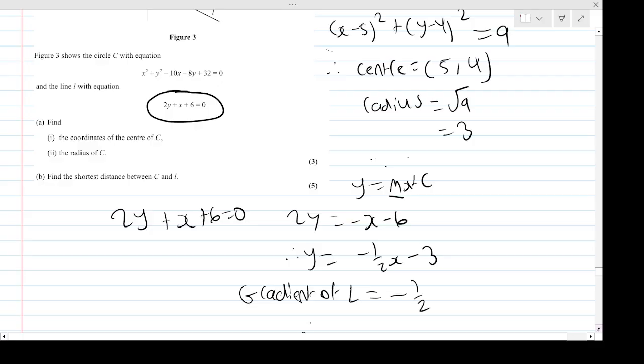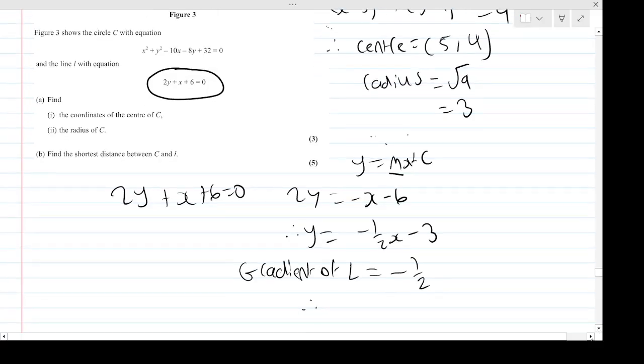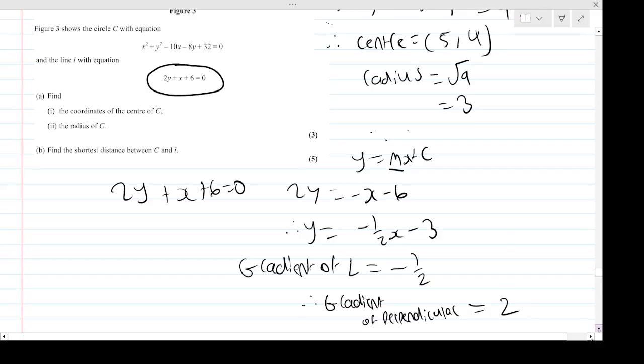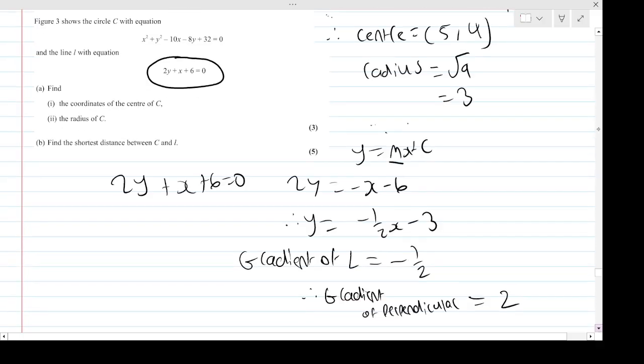Therefore, the gradient of the perpendicular is going to be the negative reciprocal. So negative over negative would be positive, and then 1 over 2, the reciprocal, flip that, would be 2 over 1, which is just 2.